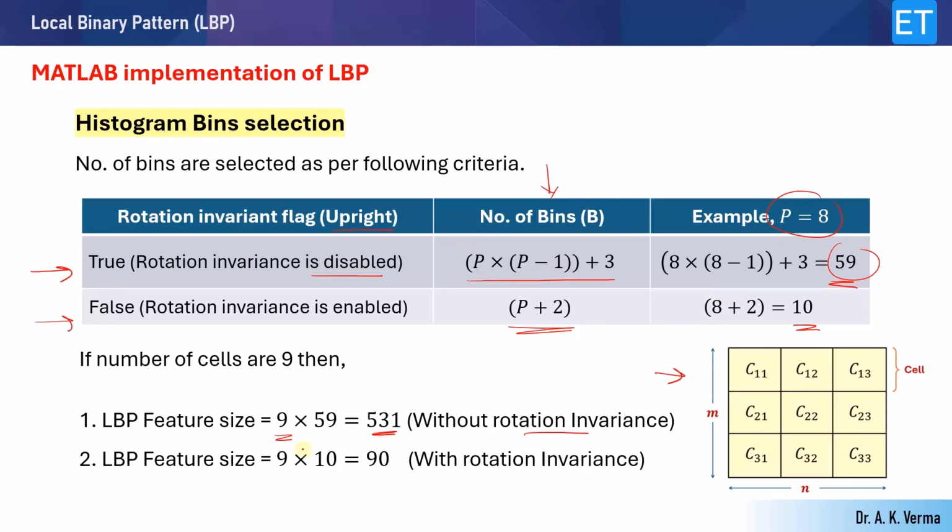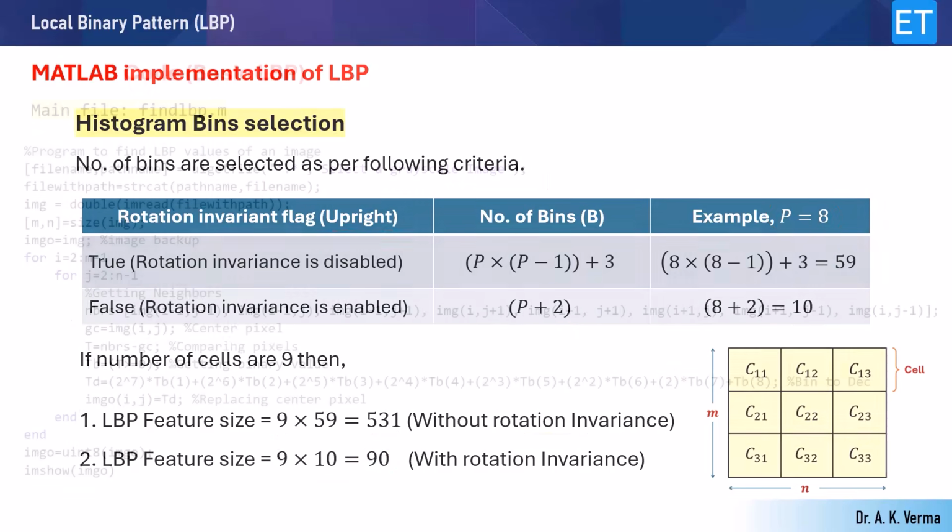And if rotation invariance is considered, then 9 into 10, the feature vector after concatenation of all 9 LBPs, I get the feature size of 90 only. So it depends on your requirement which LBP feature you want in your case.